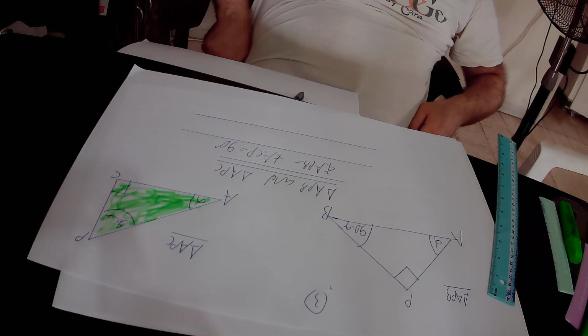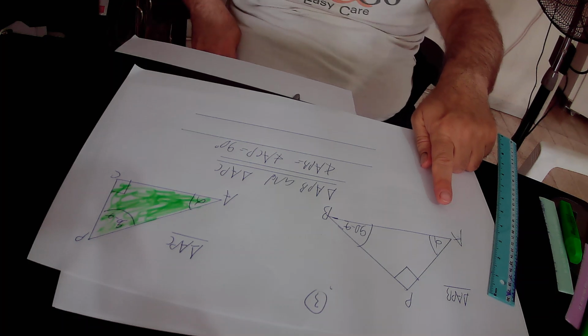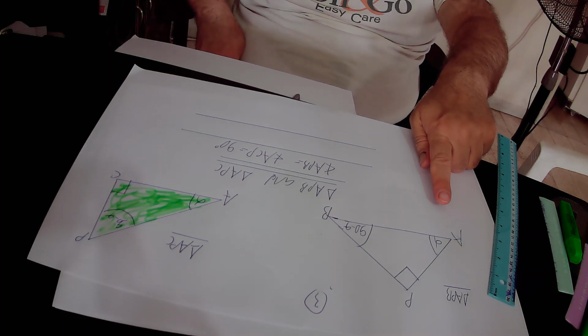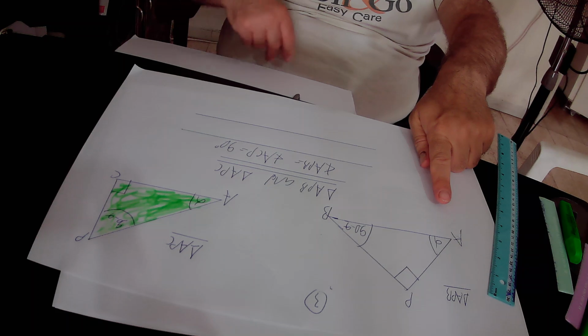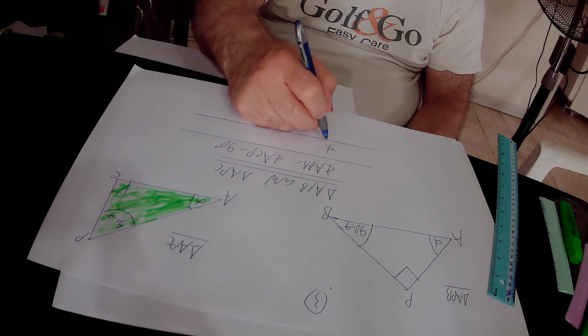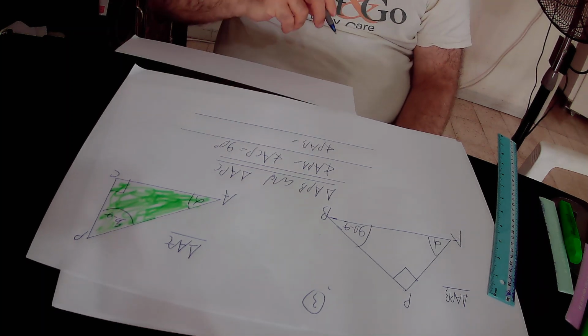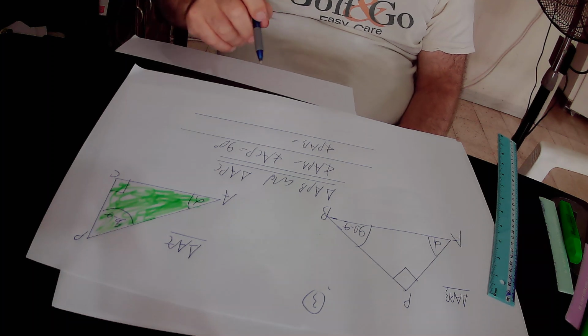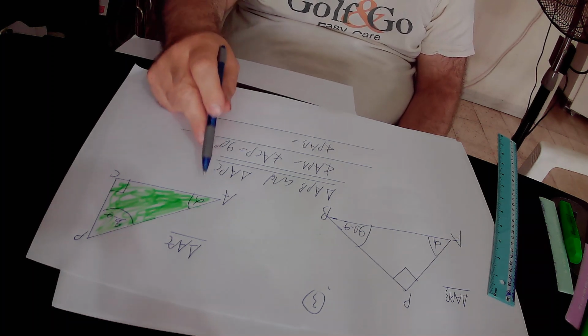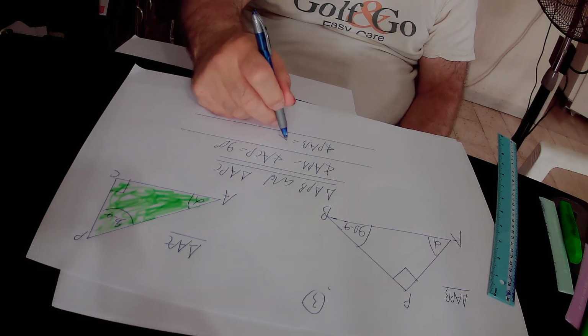If we relate to angle alpha as it belongs to this white triangle, it will be defined as angle PAB, and it equals itself. If we relate to angle alpha as it belongs to this green triangle, it will be defined as angle PAC.